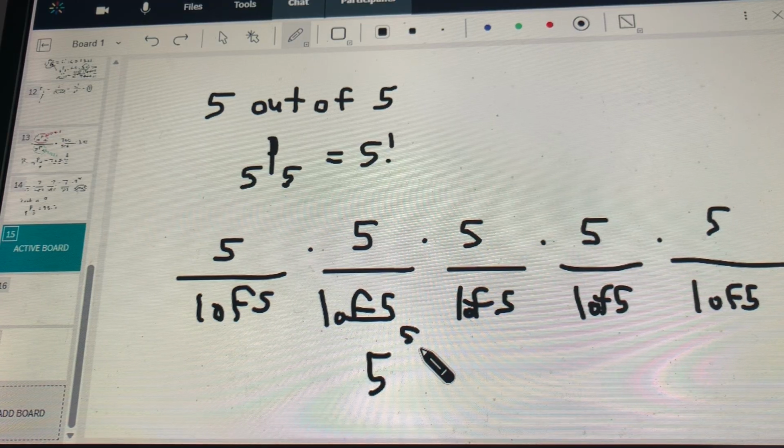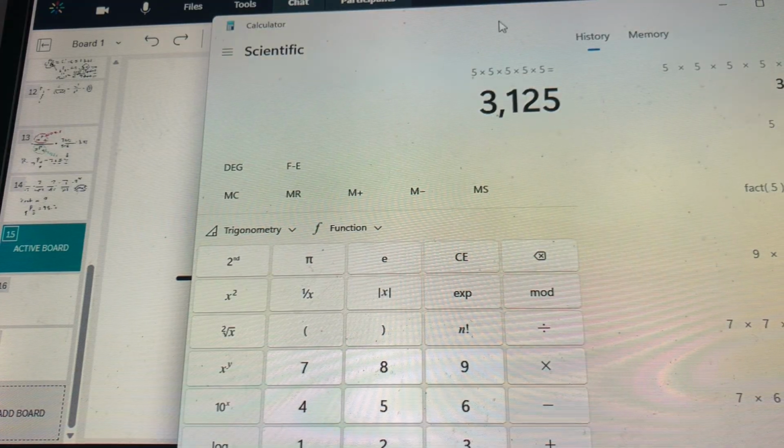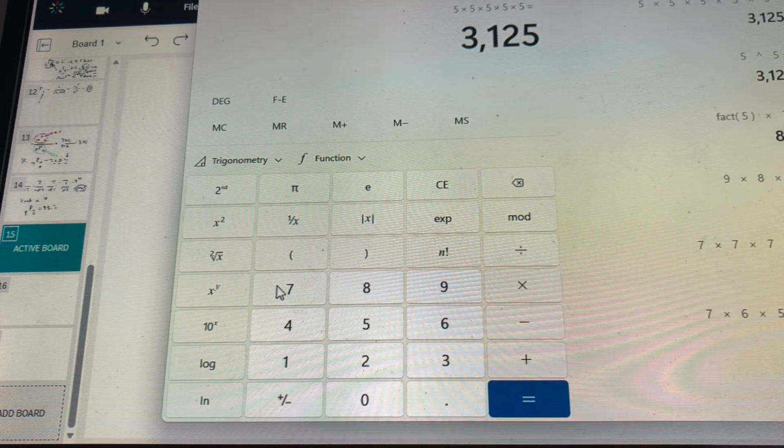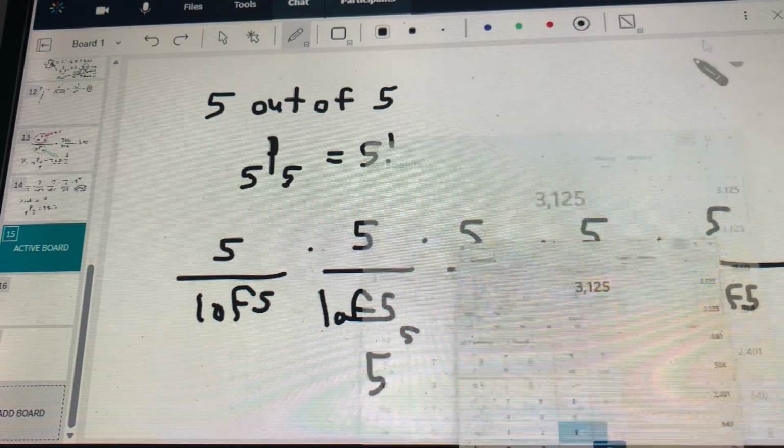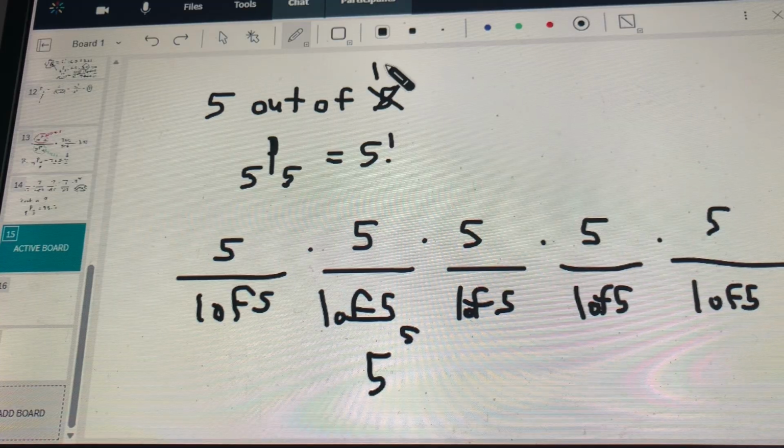Digits, if you look on a calculator, see this calculator right here? There's actually 1, 2, 3, 4, 5, 6, 7, 8, 9, 10 different digits. It's 1 through 9 plus 0. So actually what's happening is I'm choosing 5 out of 10 different numbers, not out of 5.